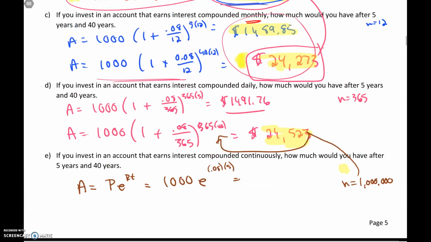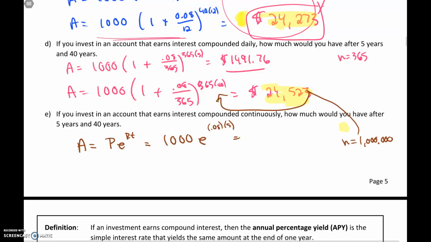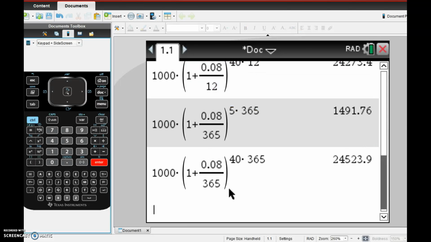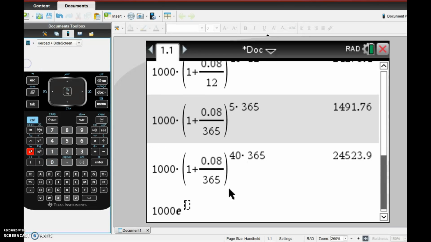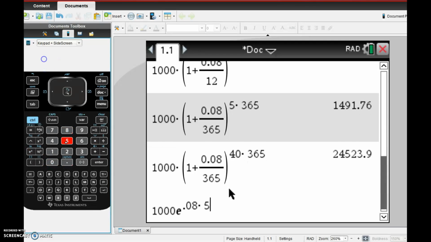And this is going to be the number that these are approaching as your n gets bigger and bigger. This is going to kind of be that last step, if you will. 1,000 e to the 0.08 times 5.